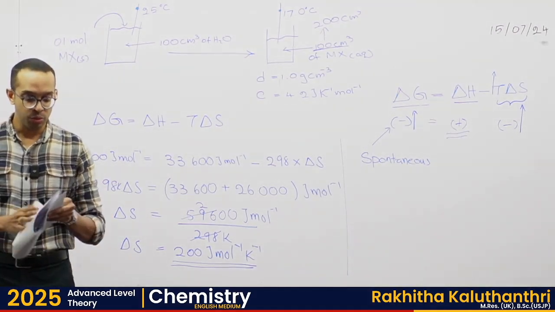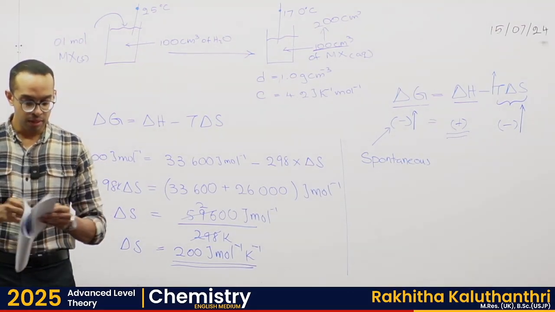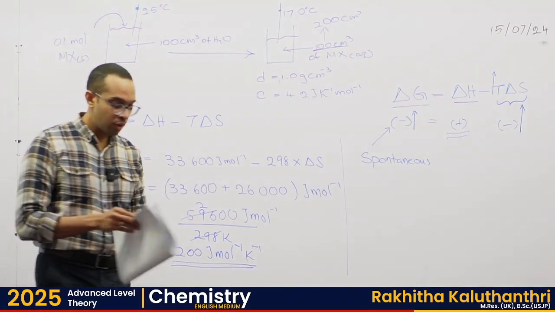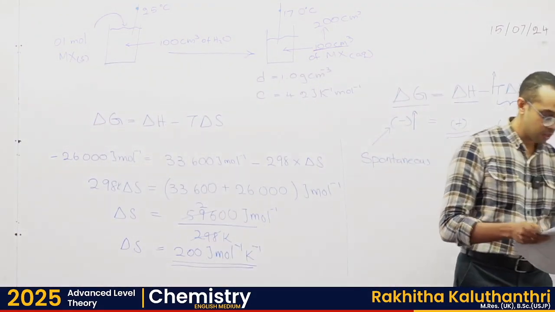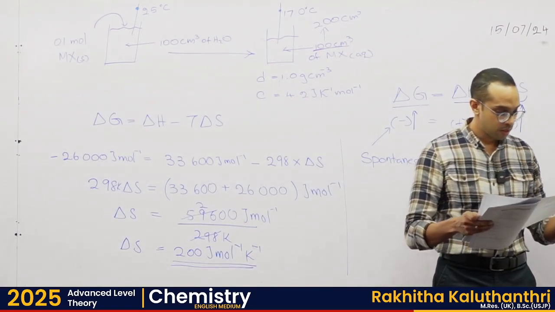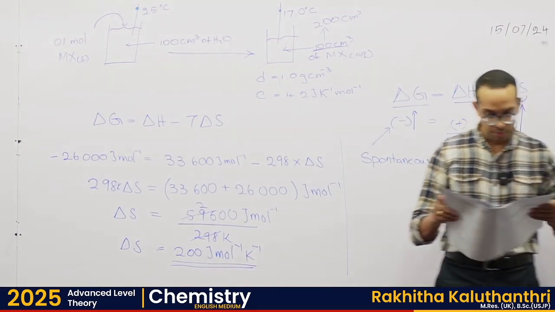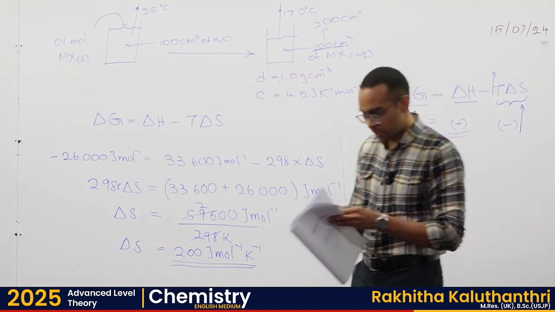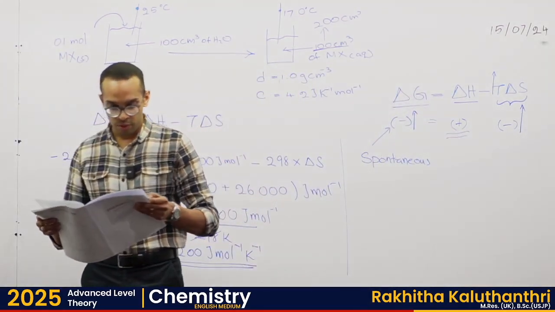So students, there is about another one question there. Actually 2 questions we couldn't do at home. Shall we attempt some MCQs? I want to attempt some Gibbs free energy related MCQs, because we have a lot of enthalpy related questions.